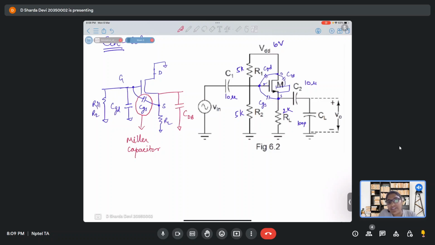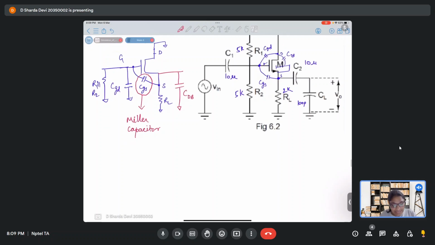It is basically when anything is connected between input and output terminals, or between two different terminals, and we cannot actually define it as completely part of one terminal, then that particular component is known as a Miller component. It can be Miller resistance, Miller capacitance, Miller impedance, it can be anything. So in our case it is actually a capacitor.